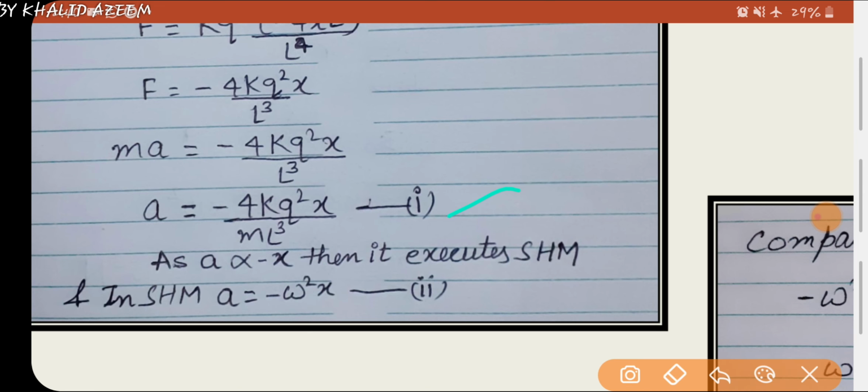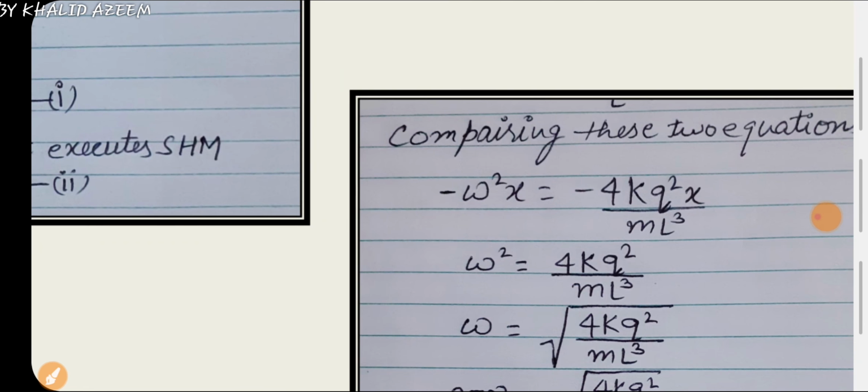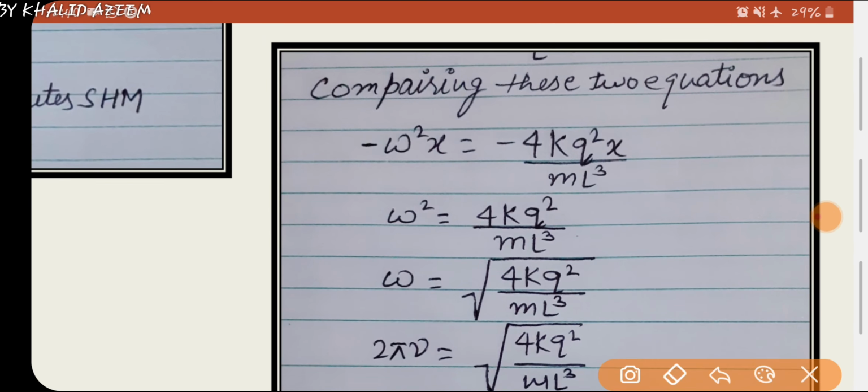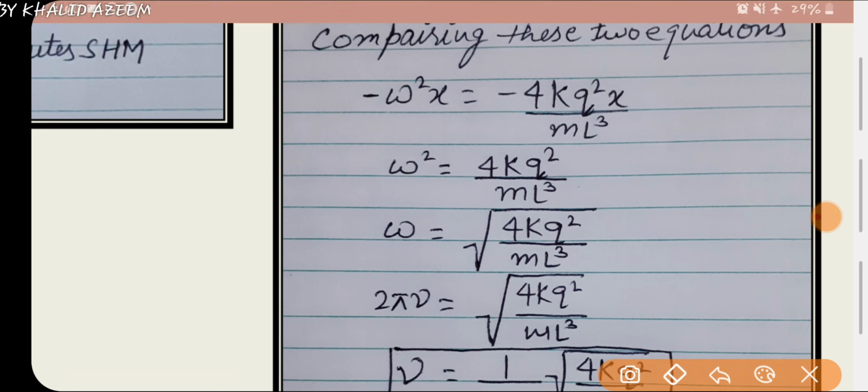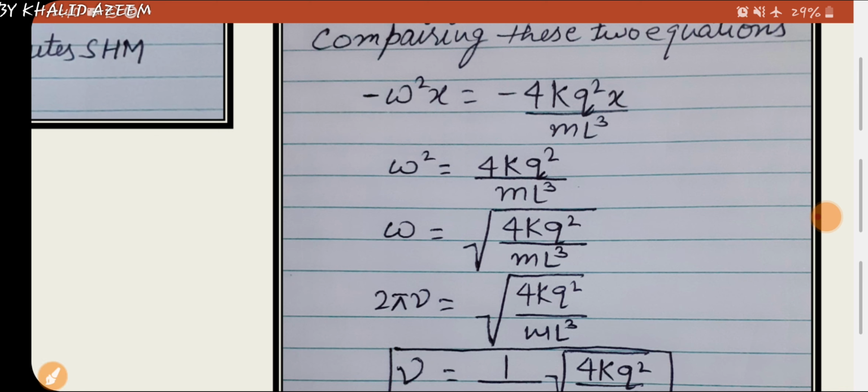Compare these two equations and we get minus omega square x equals minus 4k q square x upon m L cube. This minus sign will cancel out and this x will cancel out. So omega square becomes 4k q square upon m L cube, and to remove the square, we have to take the square root on the other side.